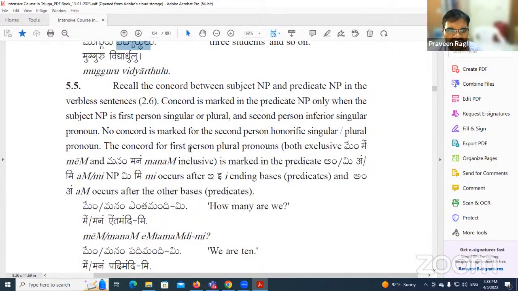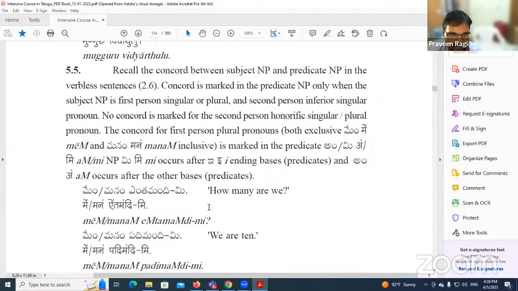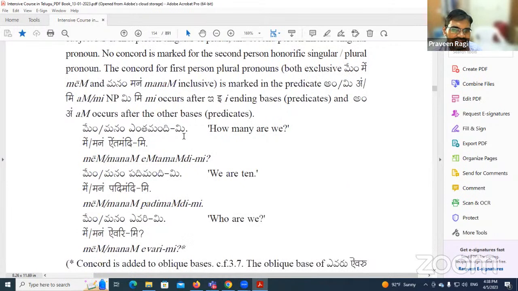Okay, so the concord for the first person pronoun, both exclusive mem and inclusive manam, is marked in the predicate by me. If you look at these types of sentences, how many are we? Mem or manam enta mandimi.